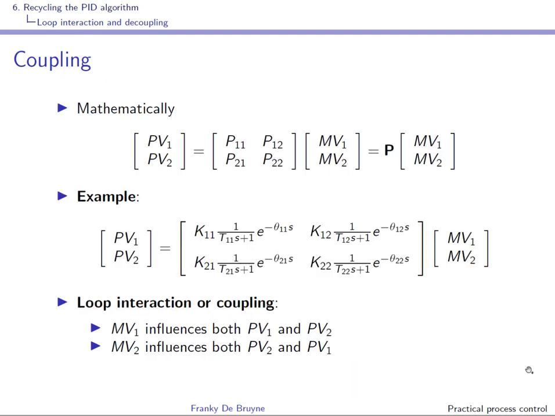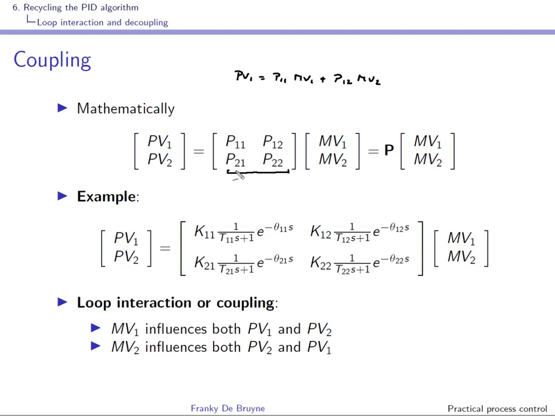Mathematically, you can write PV1 as P11 MV1 plus P12 MV2, and this is precisely what we had seen in the previous block diagram.